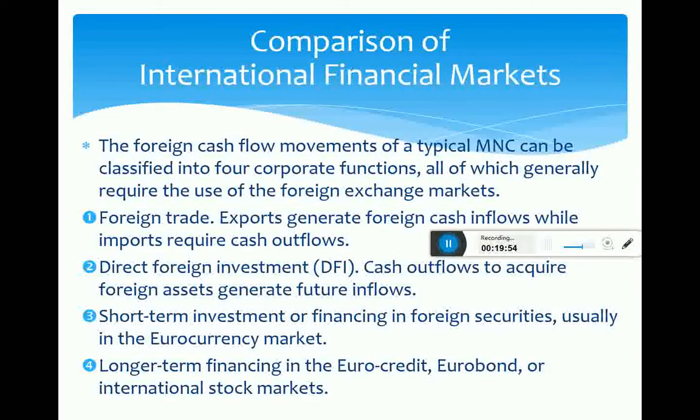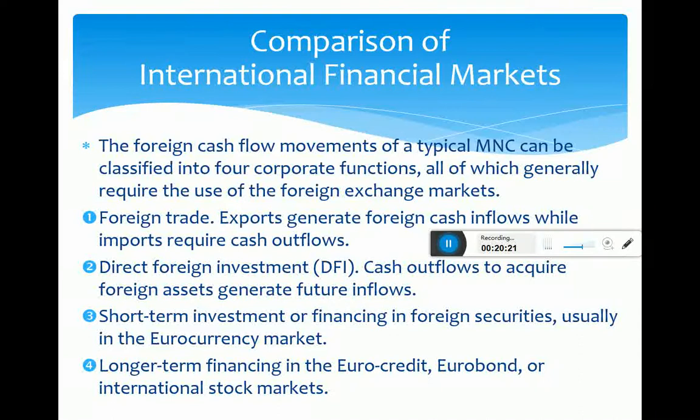Second, we have direct foreign investment. When multinational corporations make a foreign investment or do an investment in other countries, that becomes the outflow, right? But when other people invest in that multinational corporation, that becomes the inflow.